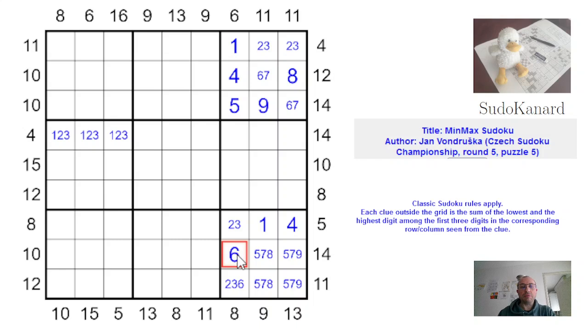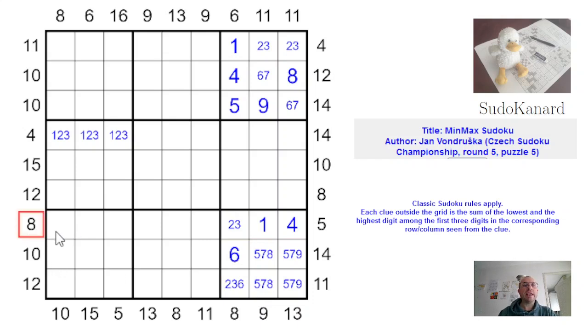So 6 will have to be here. It can be sandwiched between 5 and 9. Or it could be 6, 7, and 8, with 5, 9, and 2. There are still several possibilities, I think, for this area.